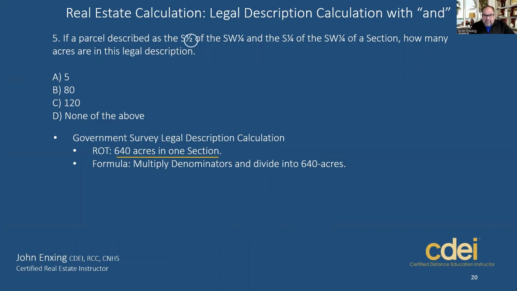So we got 1/2 and we got 1/4. You see, I'm circling them in the problem. I got 1/4 and I got 1/4. So I'm going to take the denominators out of each of those and multiply them together. And that's going to be my constant I'm going to use to divide into 640 to get acreage. It's very easy. Here's the play on words, though. The word and. This is two separate calculations.